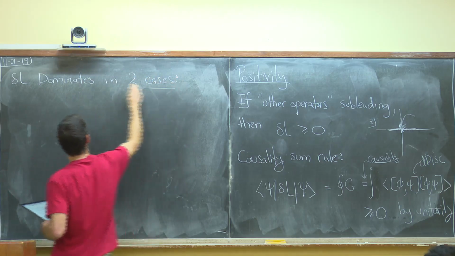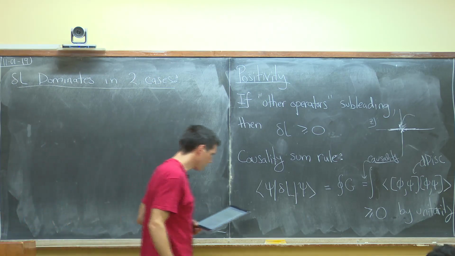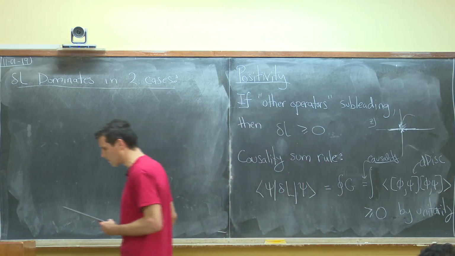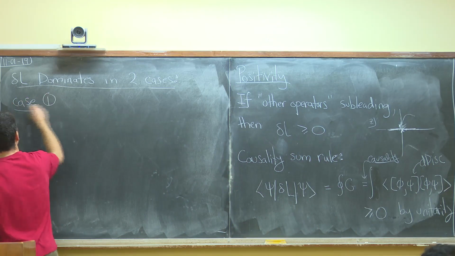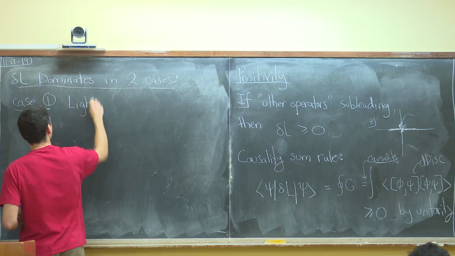I'll argue that there are two situations which are related but a little bit different, where delta L really is the dominant contribution to the OPE. The first case is the light cone limit.